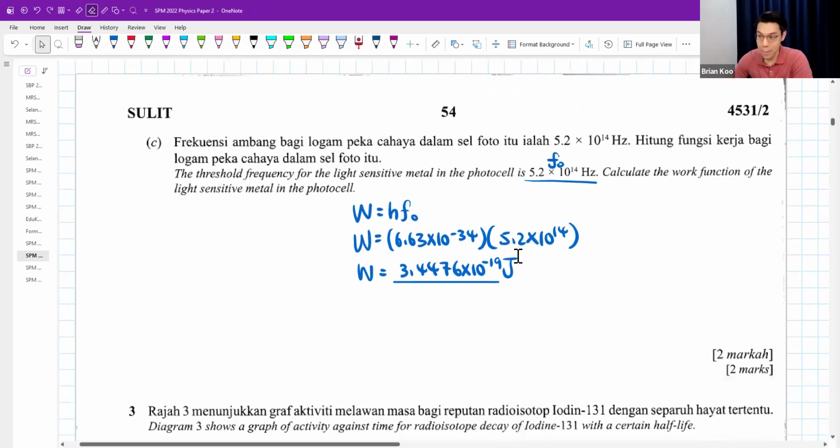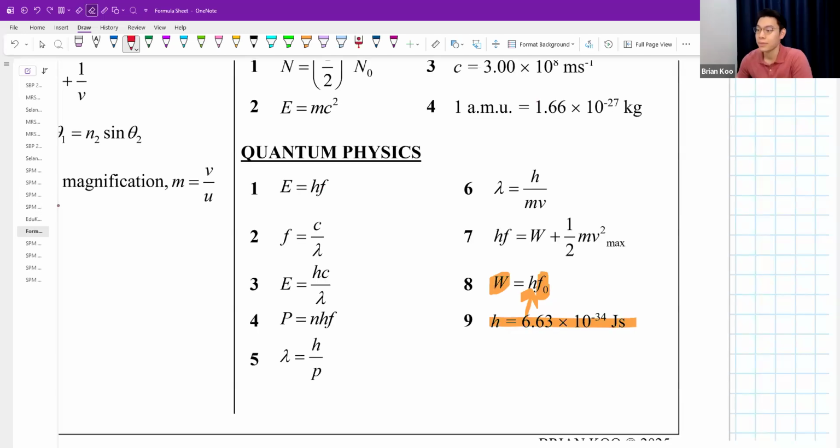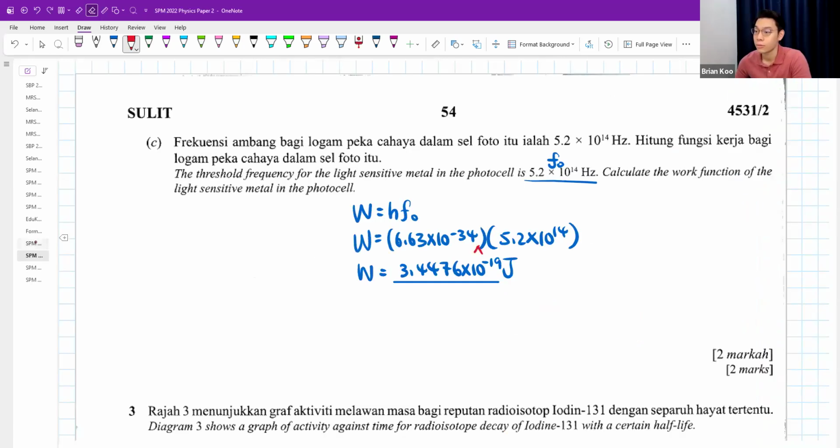Joules is fine, but some people will say, teacher, what if in the exam I forget the unit? Then you just copy. For example, this is joule second, right? And then this is hertz, right? So what if I wrote the unit is joule second hertz?